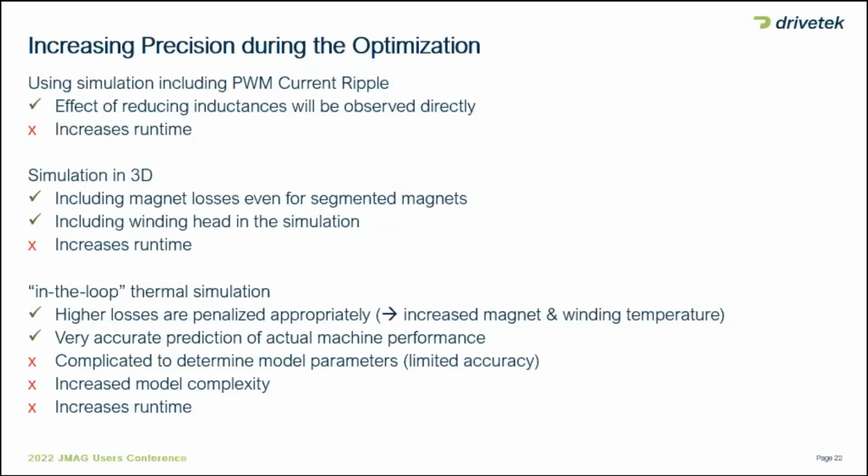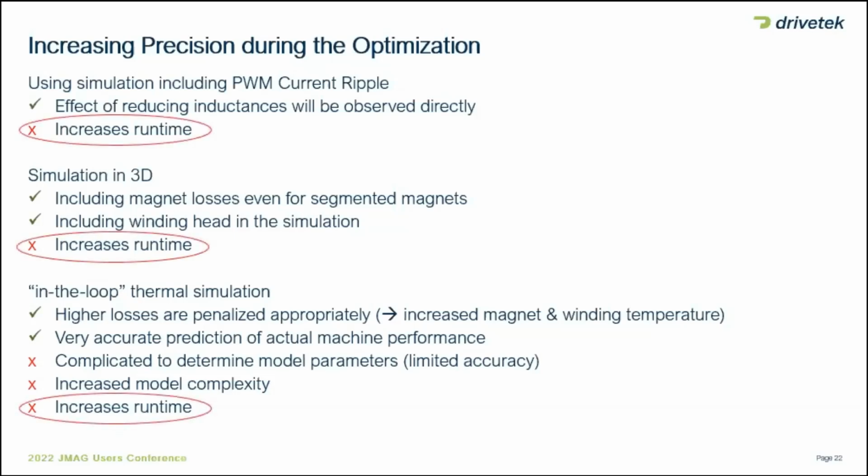But unfortunately, it's pretty complicated to extract model parameters for such an in-the-loop design, and we don't have the capability at the moment. And it also increases model complexity and once again the simulation runtime.